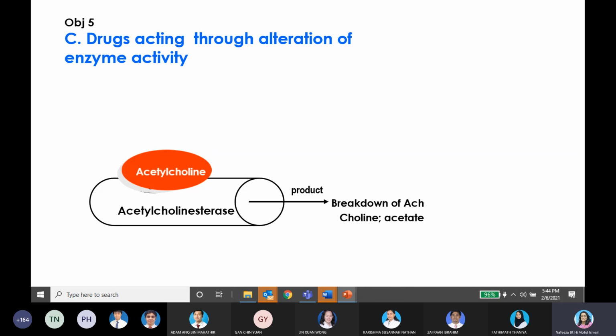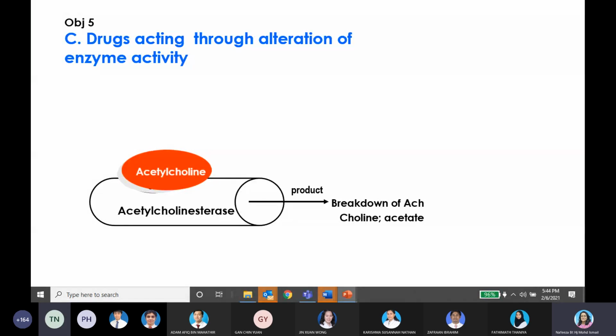But the best words to use are metabolize or degrade. But in some instances, some patients don't have enough acetylcholine, and we do need acetylcholine for muscle activity. If you don't have enough acetylcholine, one of the conditions that will cause is, does anyone know?